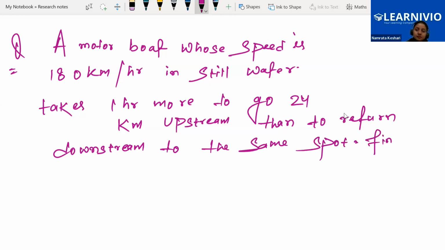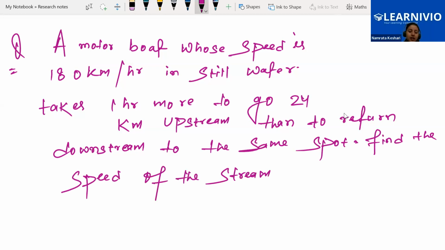Find the speed of the stream. Okay, let's see how to do it.